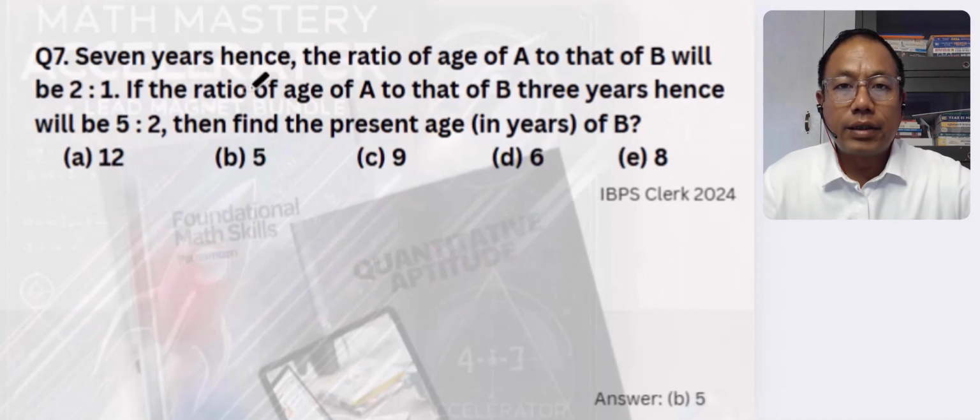7 years hence means plus 7. That's the meaning. The ratio of ages of A to that of B will be 2:1. If the ratio of ages of A to B 3 years hence will be 5:2, then find the present age of B. Both are hence.